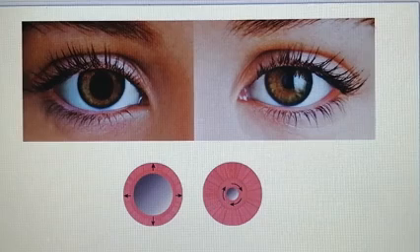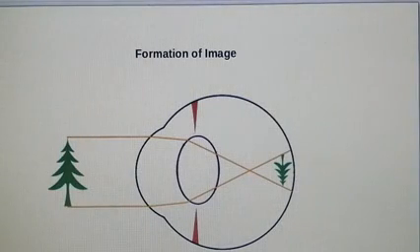Now we are discussing the formation of image. The curvature of the cornea and the lens helps light rays which reflect from an object to get focused on the retina.